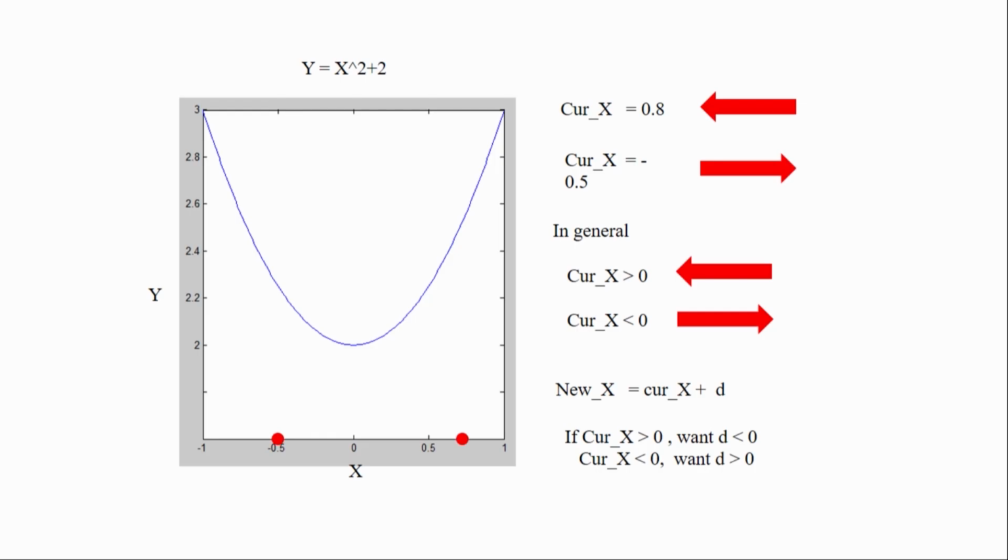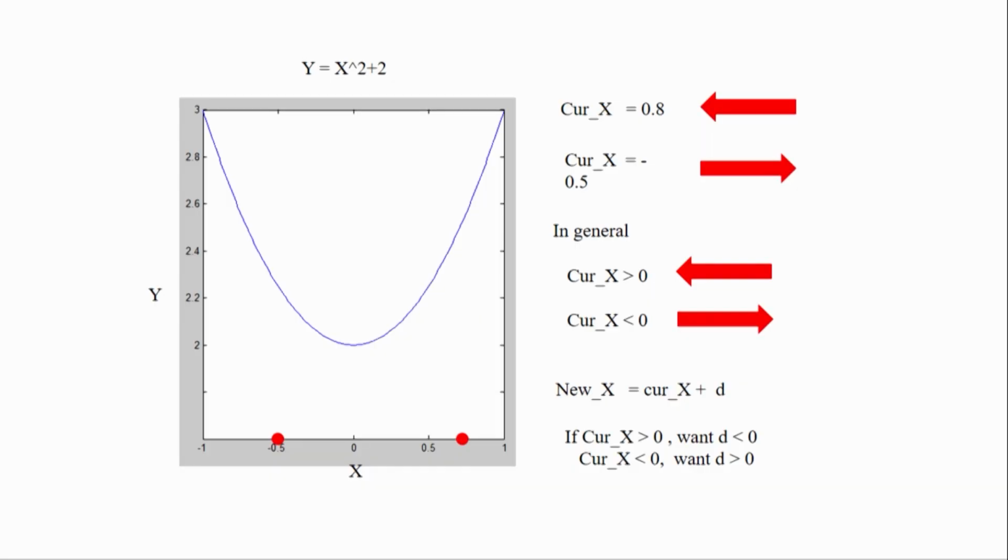So the additional value that you are adding to x should be less than 0. If current x is less than 0, we want d to be greater than 0, right? In this case, d is just a number which also indicates a direction. If your x was in a higher dimensional space, then it would not be just a number, but also a vector, right? We will come to that in a minute. But the directionality is indicated by the sign in this case because it's just a one-dimensional thing, right?